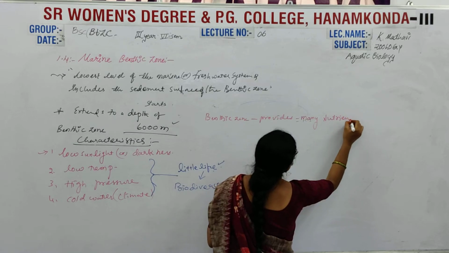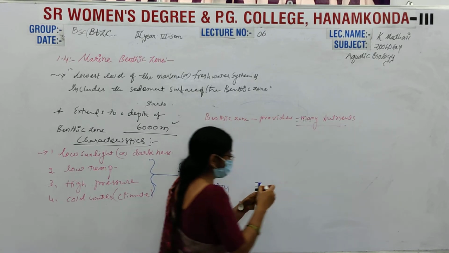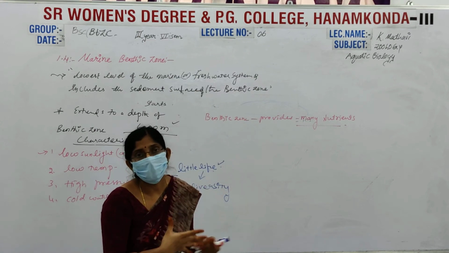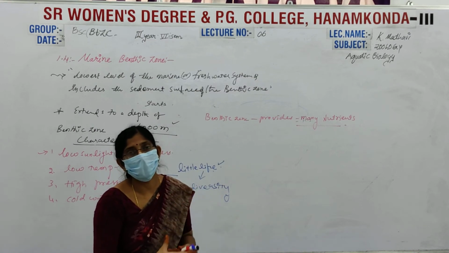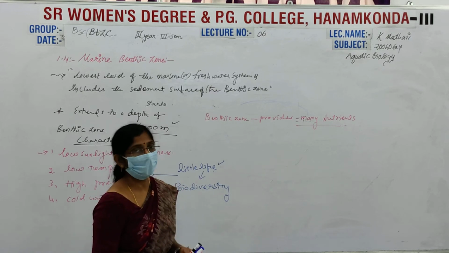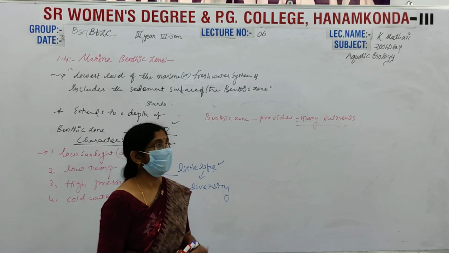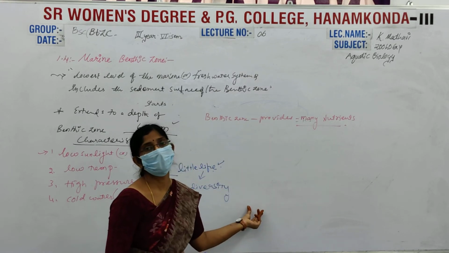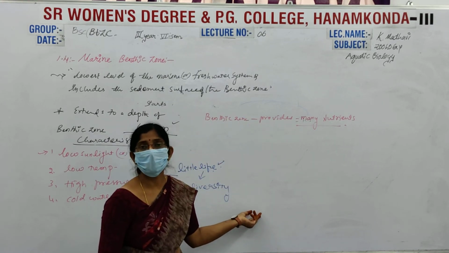How? Yes, we are discussing this. Many nutrients means that phytoplankton, zooplankton, small fishes, large fishes and some large sharks die, and their dead bodies slowly reach the bottom of the water body. That is the benthic region.